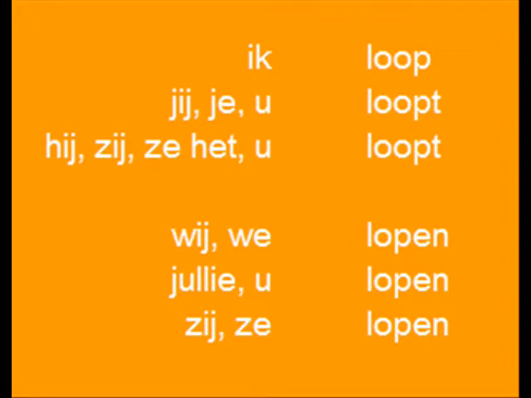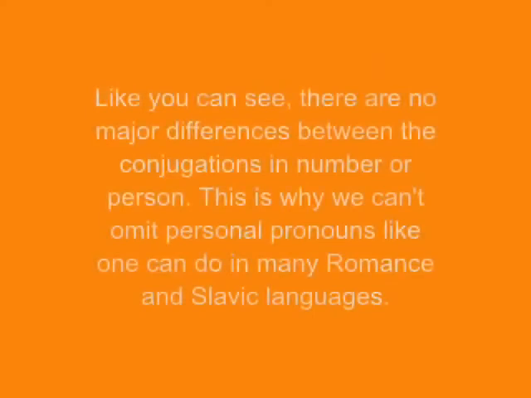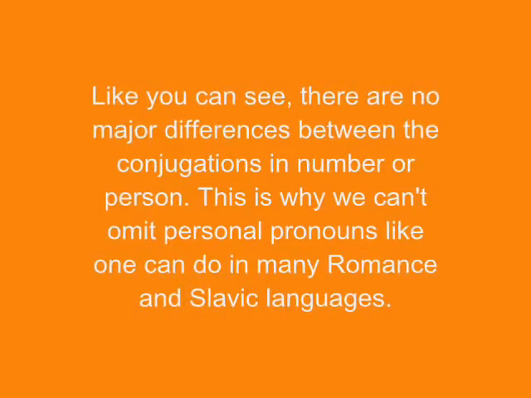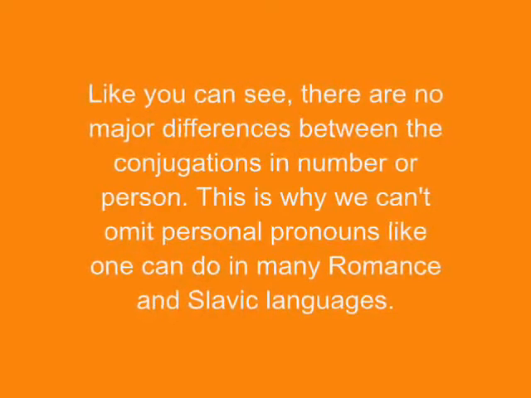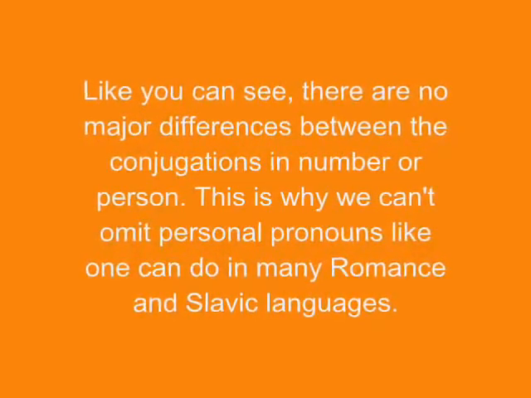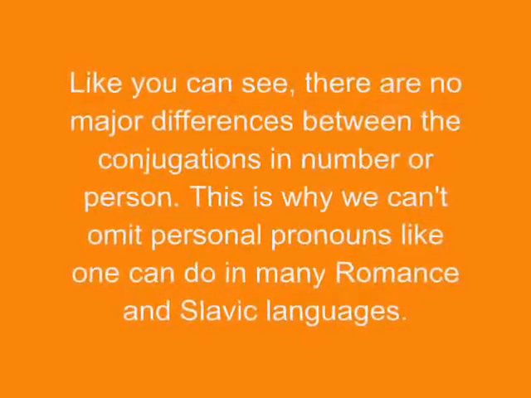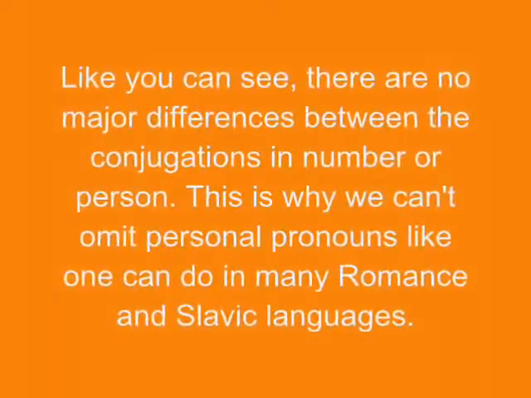Ik loop, jij je u loopt, hij zij ze het u loopt. Wij we lopen, jullie u lopen, zij ze lopen. Like you can see, there are no major differences between the conjugations in number or person. This is why we can't omit personal pronouns like one can do in many Romance and Slavic languages.